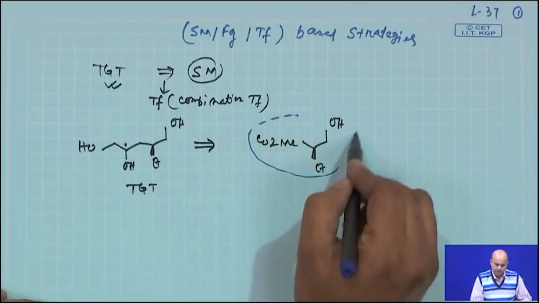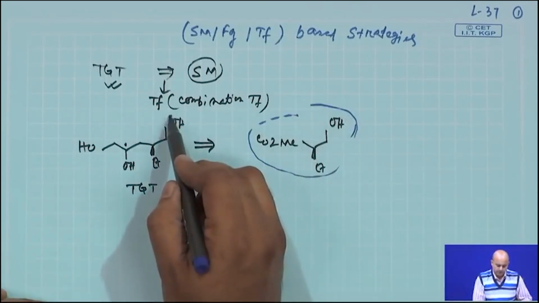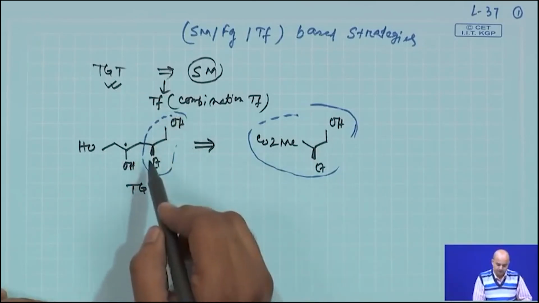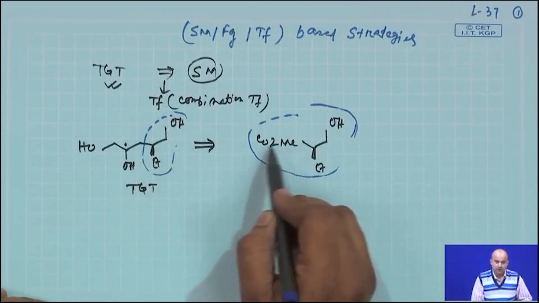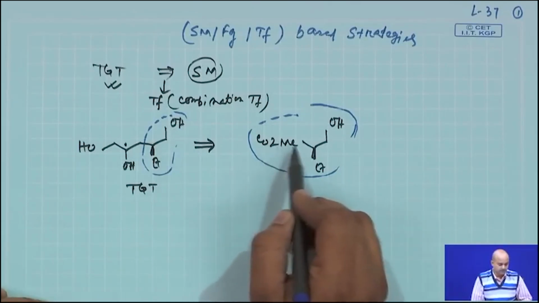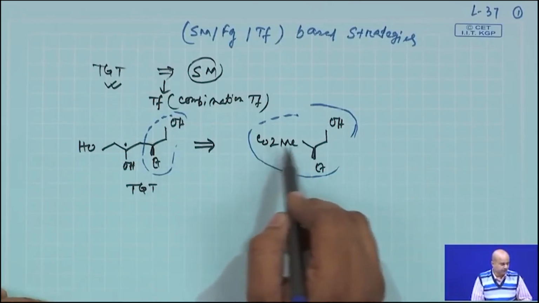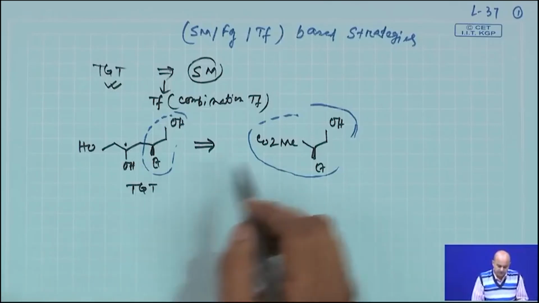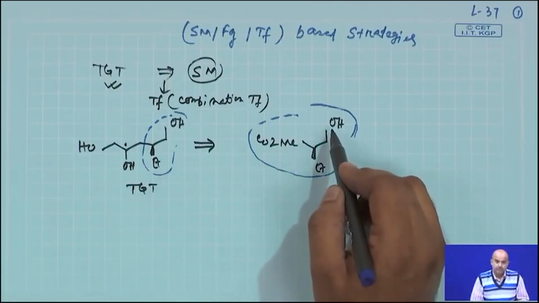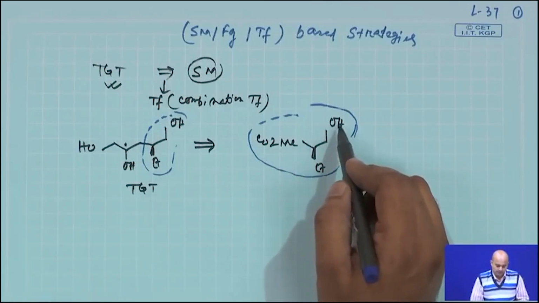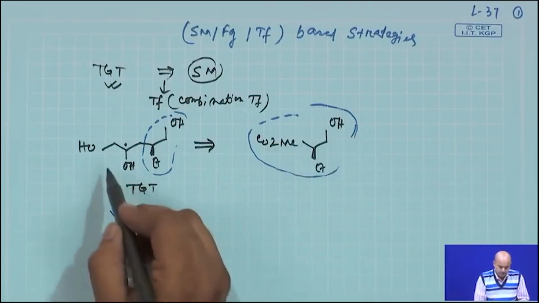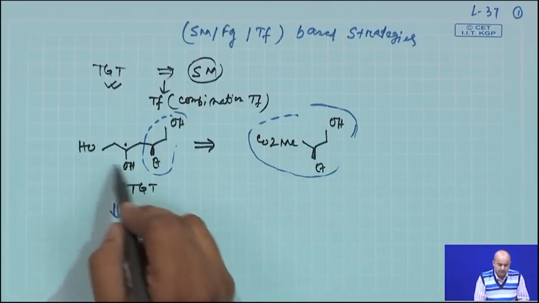So, you can think that this part is similar, this part is similar, the only thing is you need to extend on its left hand side. And eventually, in the whole strategy you will find that in the initial starting material you have a primary hydroxy group. So, let us now do the disconnection. Now, on this left hand side you have a diol, basically a vicinal diol.